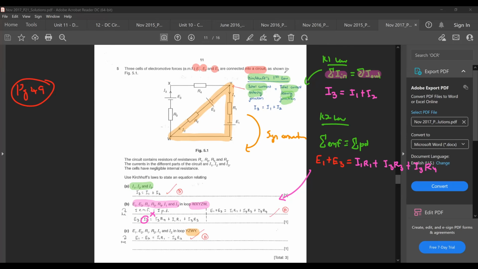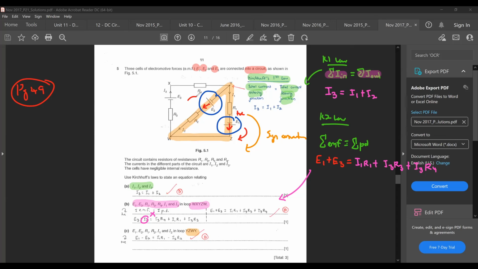So single out your EMF, this one and this one. Look at the direction of the current flowing out from the battery. Look at the positive terminal because that is where the current by right should be flowing out from. This one, E1 is trying to push current like this. E2 is trying to push current like this. E1 is trying to push current clockwise, following your sign convention, so this is positive.